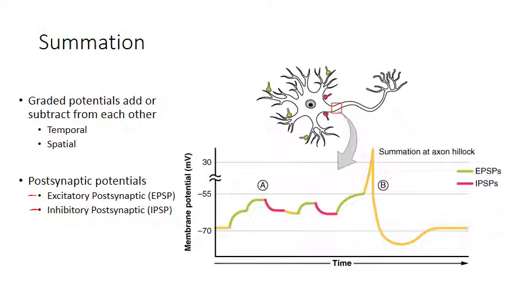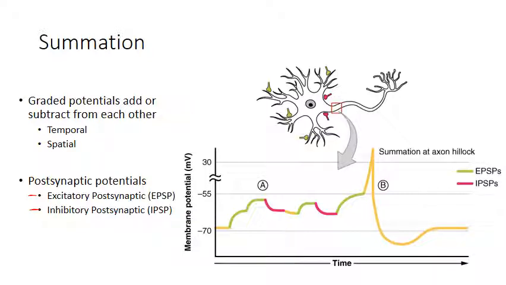That is to say, some neurotransmitters are going to excite the postsynaptic cell and make it easier to reach that action potential. Other neurotransmitters are going to inhibit the postsynaptic cell or make it more difficult for an action potential to occur.